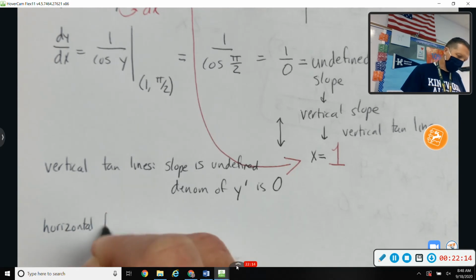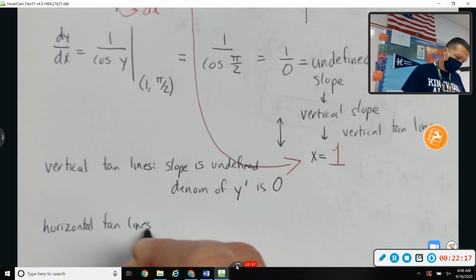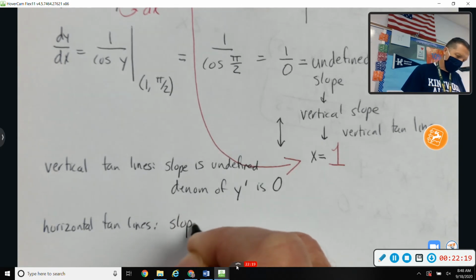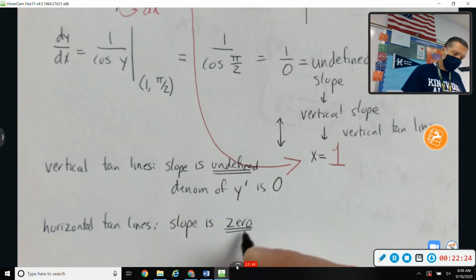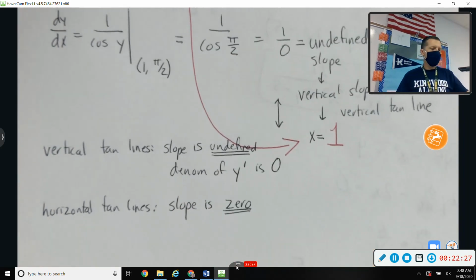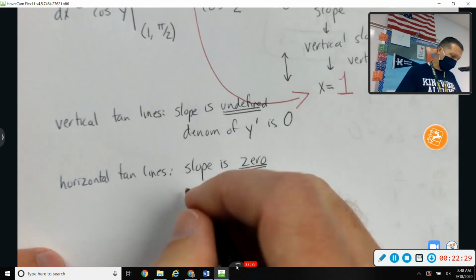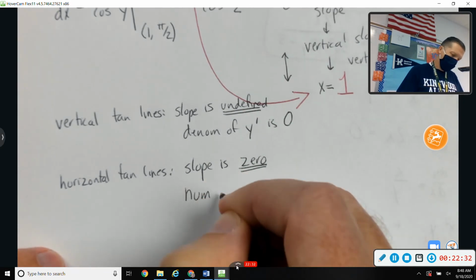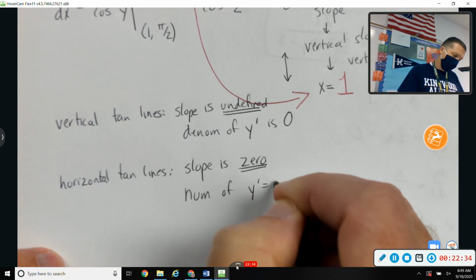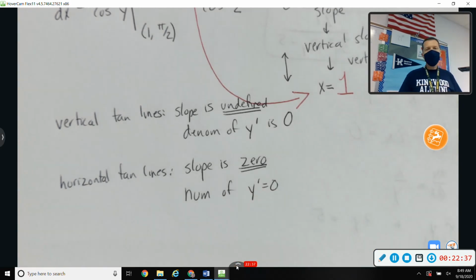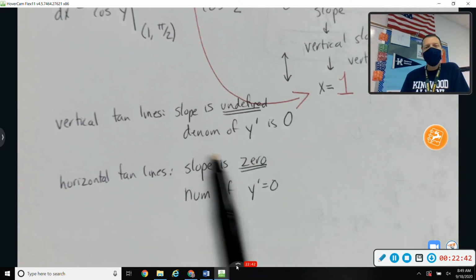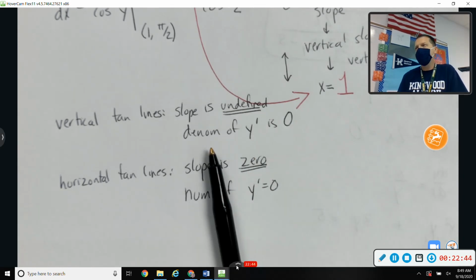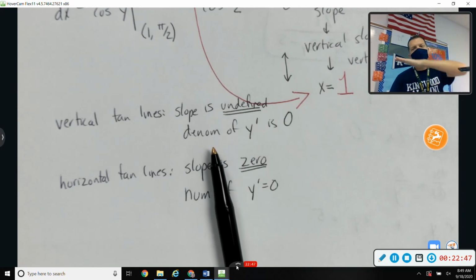As opposed to horizontal tangent lines, where the slope is 0, and that would mean the numerator of y prime is 0. Again, this goes way back to Algebra 1, where students get so confused, and it takes a while, about this being 0 slope versus undefined slope.